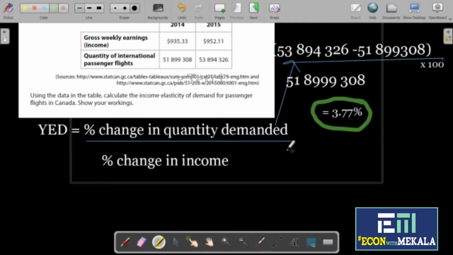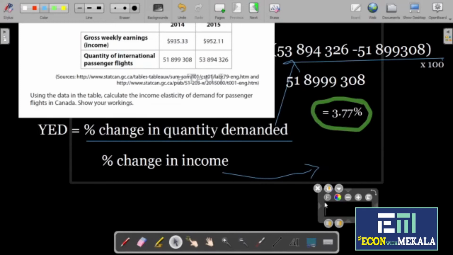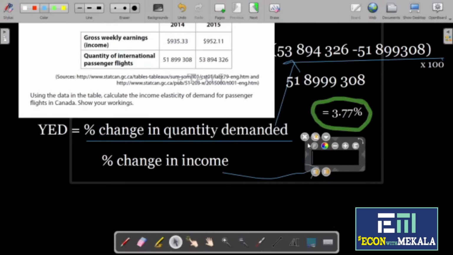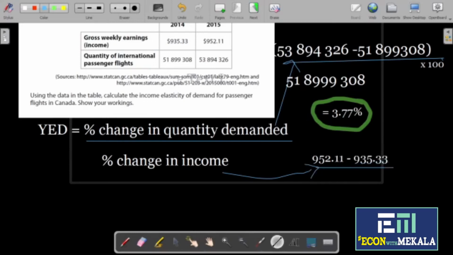Now let's find out percentage change in income. For that, we need to find out income in 2015. So that is 952.11 minus the old income 935.33, and this should be calculated as a percentage against 2014 income.